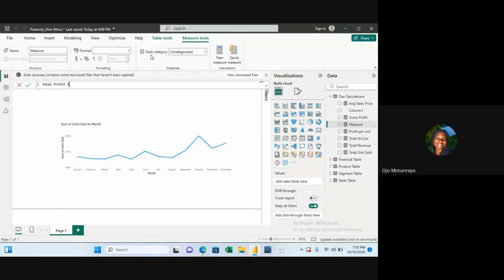The total profit, which is also the net profit, is what the company makes after deducting all expenses.